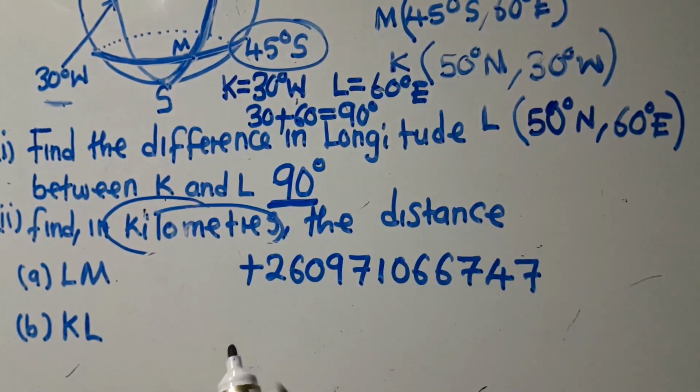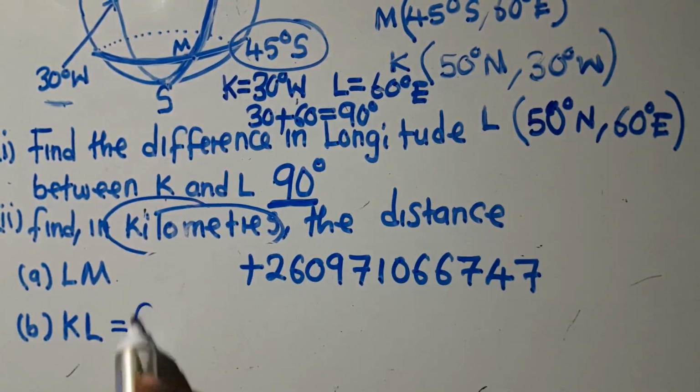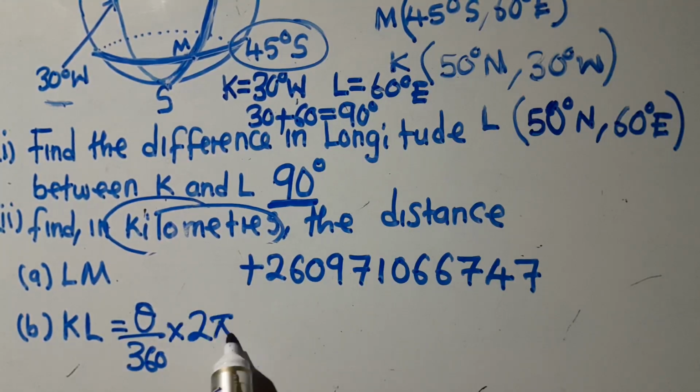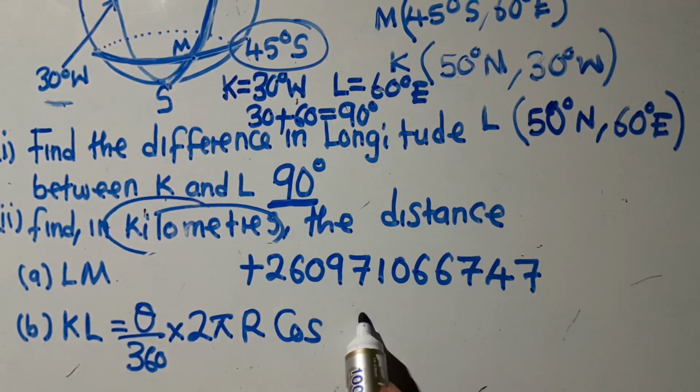So these are formulas you are supposed to know. You are going to say this is equal to theta over 360 times 2 pi r cos latitude. The latitude that is given. So these are somehow similar. You just need to understand the formulas. Distance in the longitude, we don't include this. But in the latitude, we include this because we know that the radius of the latitudes gets to differ.